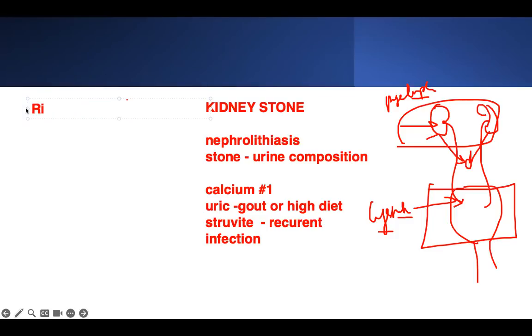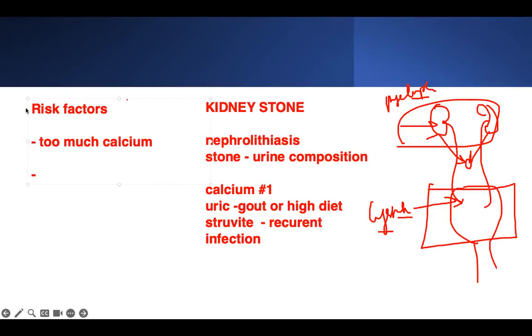What are the risk factors? Why will some people form stones? As I told you, it may be too much calcium, it may be too much uric acid, or infection. So think about it. Somebody who has too much calcium. What are those?